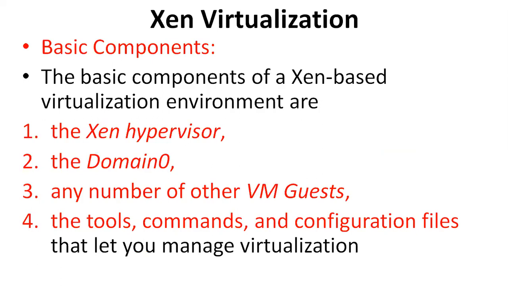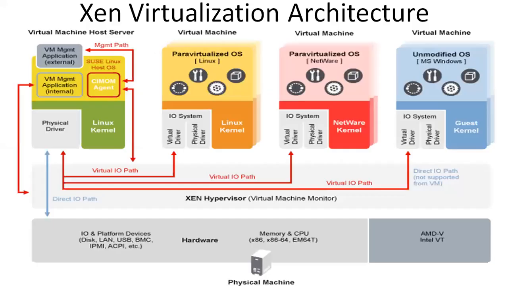Now the basic concepts of the Xen hypervisor. If you see the architecture, you will identify the different components here. The first component is the virtual machine host server, which is a physical server. Here, the physical server hardware is represented, and you have three different virtual machines.